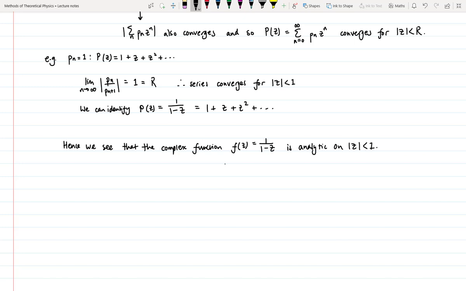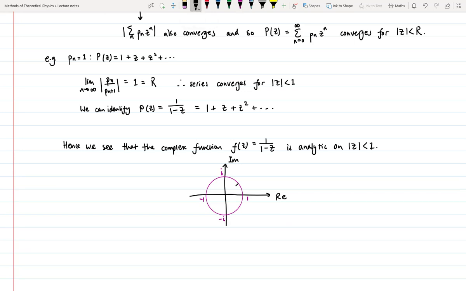Analyticity in a region pictorially means we can do something like this. We have a circle of convergence again, where it crosses the axis at 1, -1, i, and minus i.